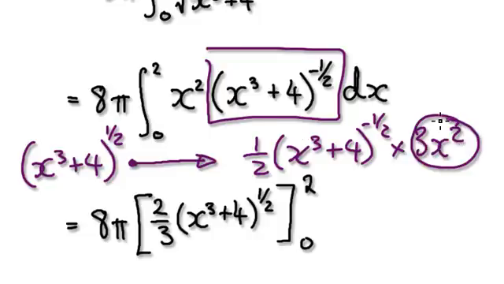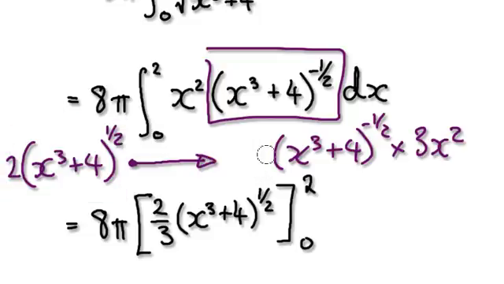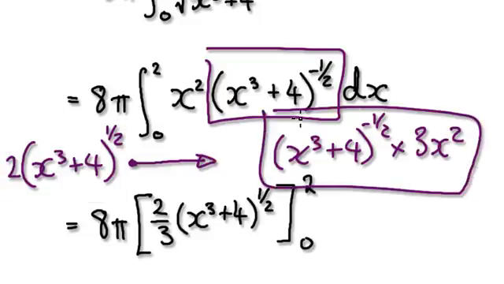You see, this almost matches up with this. We don't need this half here, so let's negate it. Make our adjustment to be 2, and when you differentiate this, it will give you this thing here.